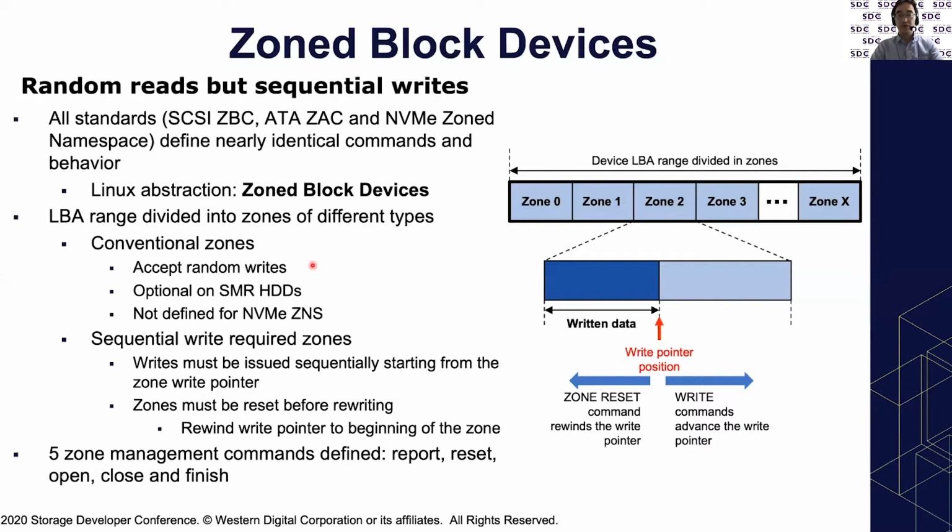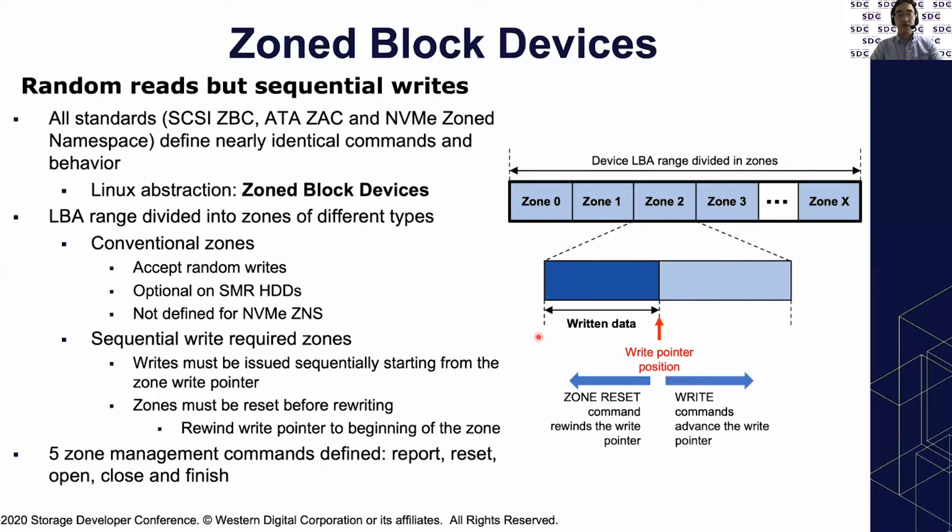The conventional zones behave the same as regular non-zoned block devices, and they do not have the cost benefit. The sequential write required zones are the area with the cost benefit. But for these zones, writes must be issued sequentially, starting from the zone write pointer.